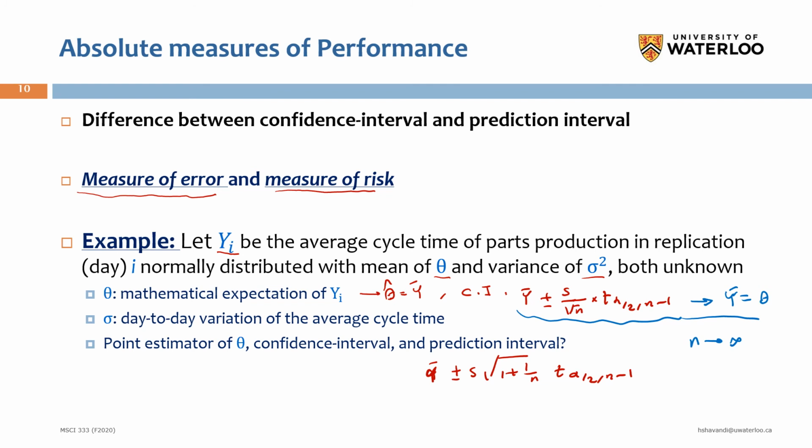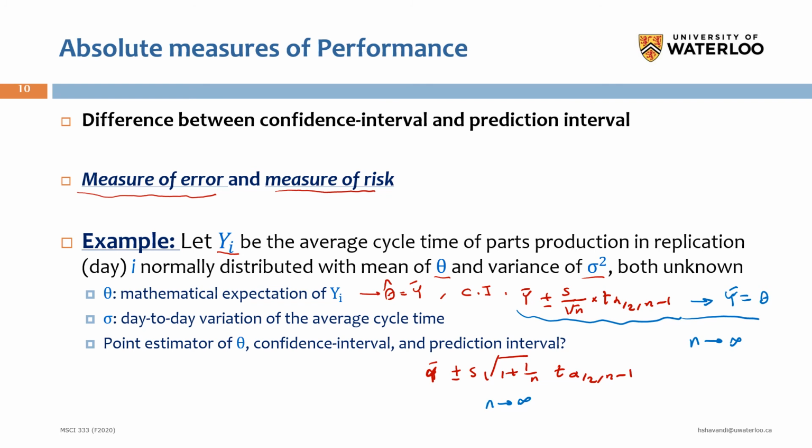But for the prediction interval, if you increase n, it won't be a point at the end. It will still be an interval.